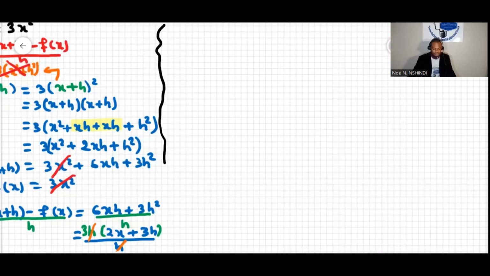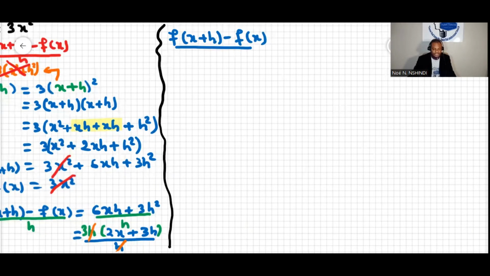So we have f of x plus h minus f of x all over h equal to 3 open brackets 2x plus, not 3h here but just h, because we took 3 as a common factor.